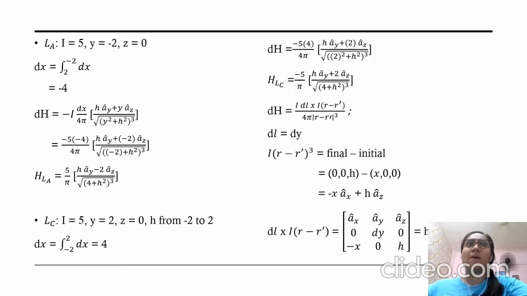Then you just substitute the values inside the formula as given. Finally, you will obtain H_LA equals 5 over pi (h ay minus 2 az) over (4 plus h squared) in bracket cubed. The steps are repeated until LD, as you can see here.